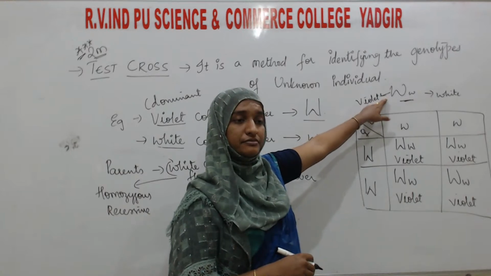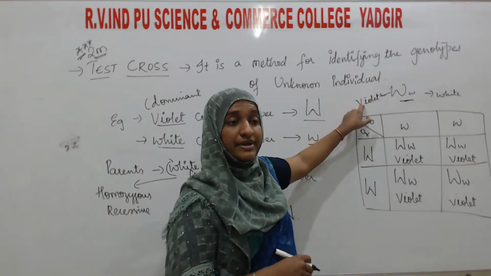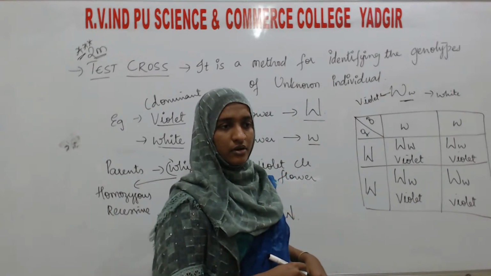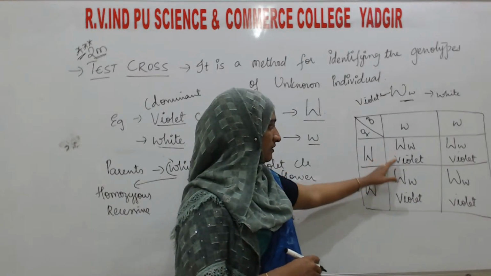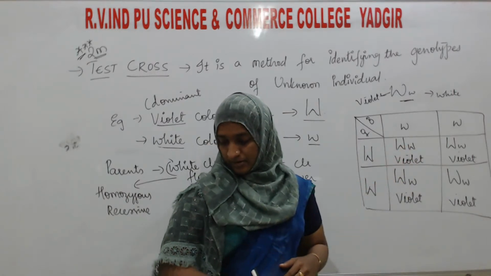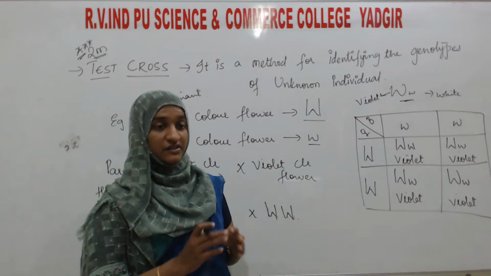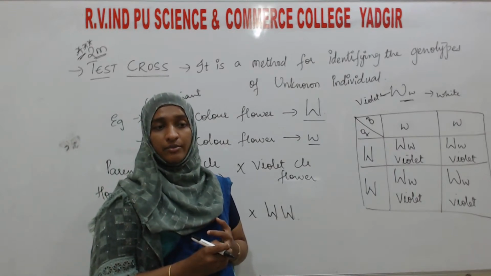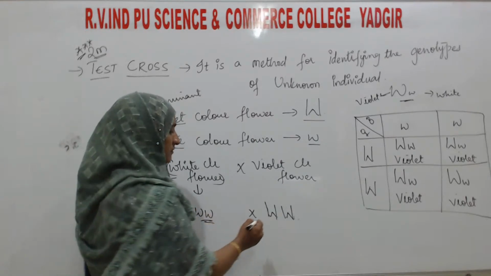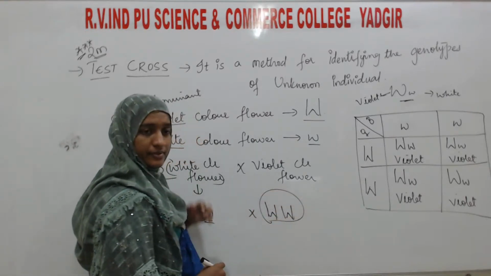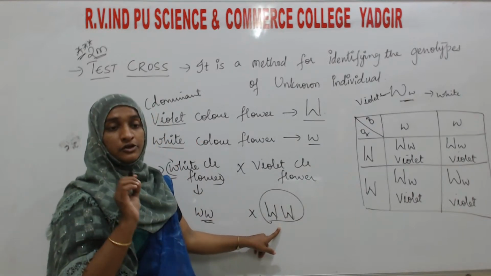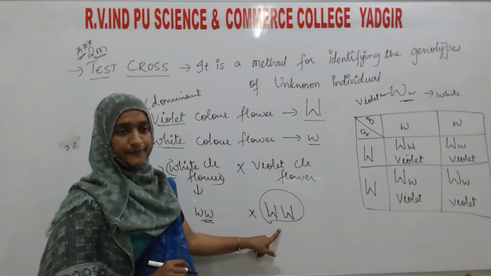Capital W, which is dominant over the white color flower. So all of these are violet color flowers. So the unknown flower is homozygous dominant. This is the unknown flower, the dominant violet color.